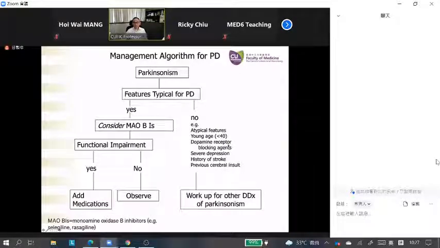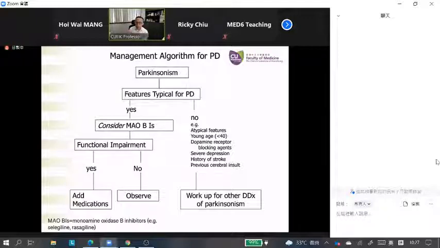Okay, so after the differential diagnosis for Parkinsonism, let's focus on the treatment. Now, first of all, if you encounter a patient who complains of, say, resting tremor and very slow movements, then you decide whether the features are typical for PD or not.